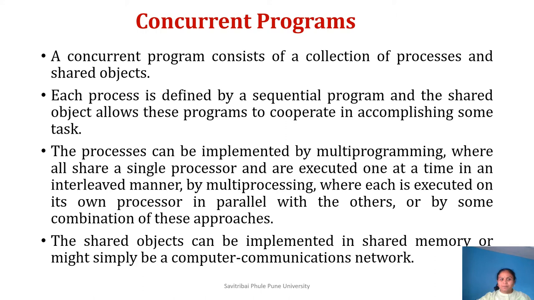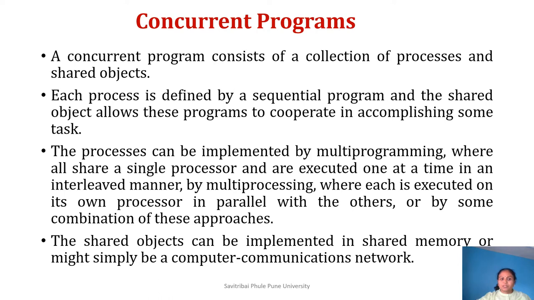So a concurrent program consists of a collection of processes and shared objects. Each process is defined by a sequential program, and the shared objects allow these programs to cooperate in accomplishing some task.